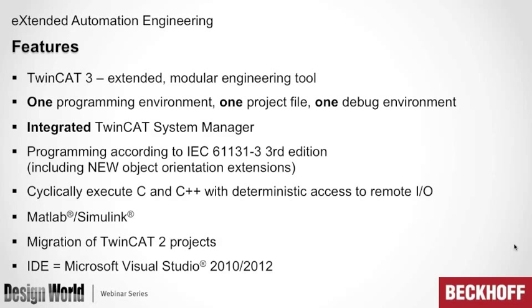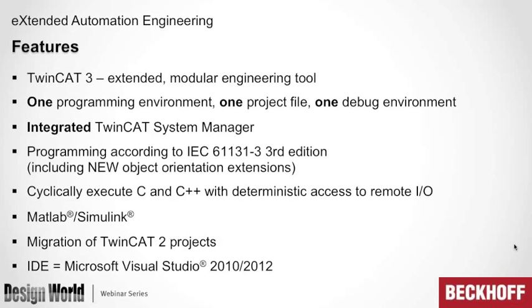Again, one programming environment, one project file, one debugging environment. And all this is wrapped around the IEC 61131-3 third edition. The third edition just got finished after 5 years of some rather significant changes, and it was released earlier this year, where TwinCAT 3 is totally on board with all of the changes to 61131.